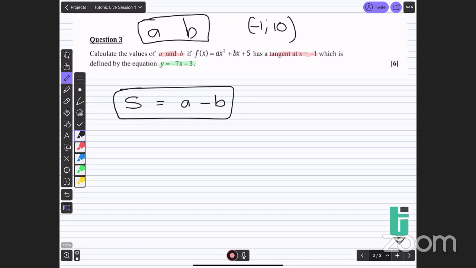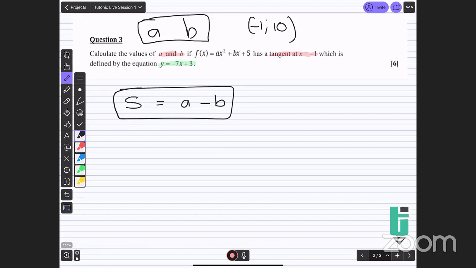Okay, so we could find the derivative of f of x and then make it equal to -1. Why -1? Oh, sorry, the -1, we sub it into the x of the derivative. Yes. And what's that equal to?